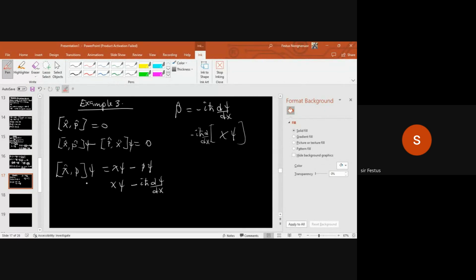Let me check something first. Okay, we take P of Q minus Q of P to be 0. Yes, so that one is correct. So psi of X of psi minus this to be 0. Okay, so let's apply that. So here we are omitting this.